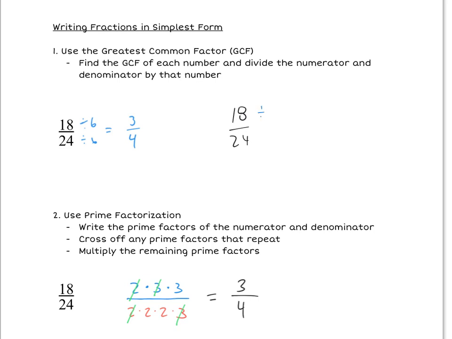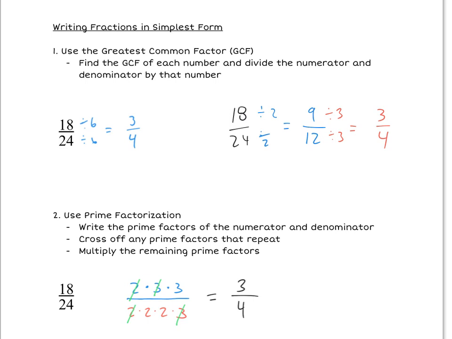So I'm going to divide by 2. So I get 9 and 12. I can still go further because a number fits into 9 and 12. What fits into 9 and 12? 3 fits into both. 9 divided by 3 is 3. 12 divided by 3 is 4.